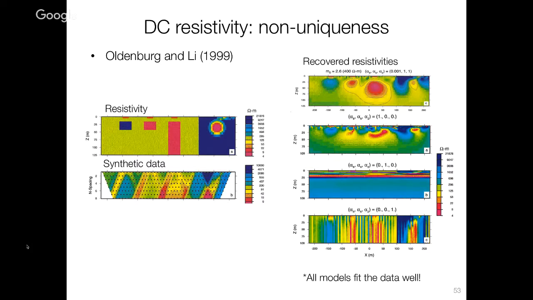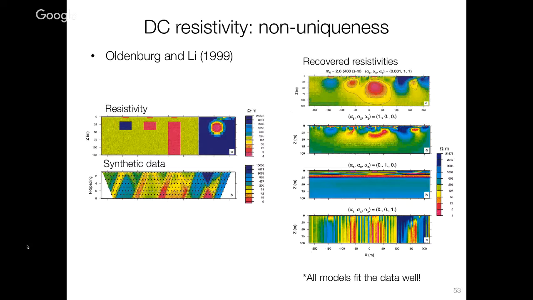If alpha S is equal to 1, so the only thing you're asking for is closeness to a background and you don't care about smoothness, then you end up with this as a model. It's very choppy, especially at the surface, and you get this as an image compared to what you had here.